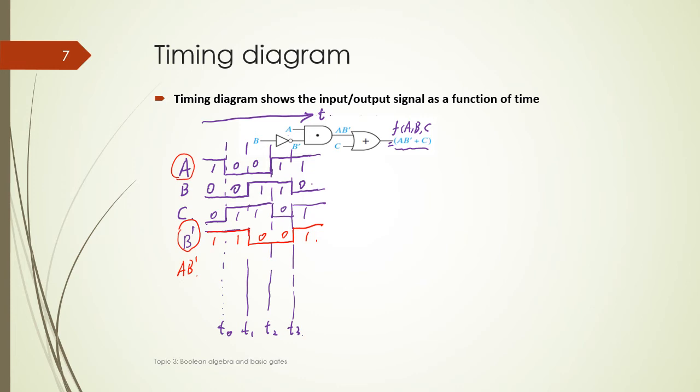So we just need to find where both A and B prime are 1. Like here, we should get 1. Then 0, 1, we should get 0; 0, 0, 0; 0, 1, 0; 0, 1, 1, so we get 1. So now we know how to draw this. We start with 1, then at T0 change to 0, then keep 0, then at T3 change back to 1 again.